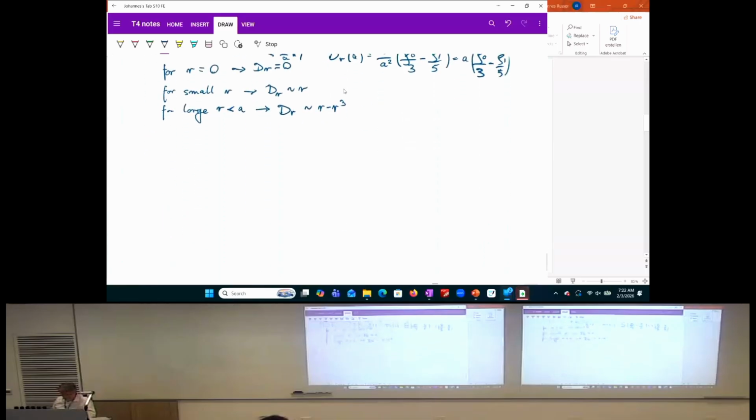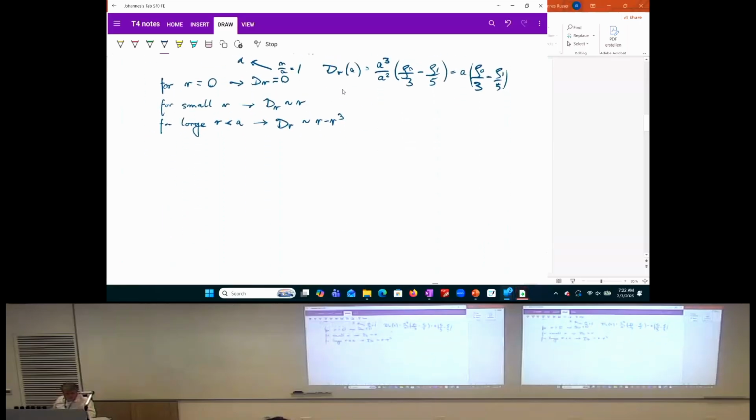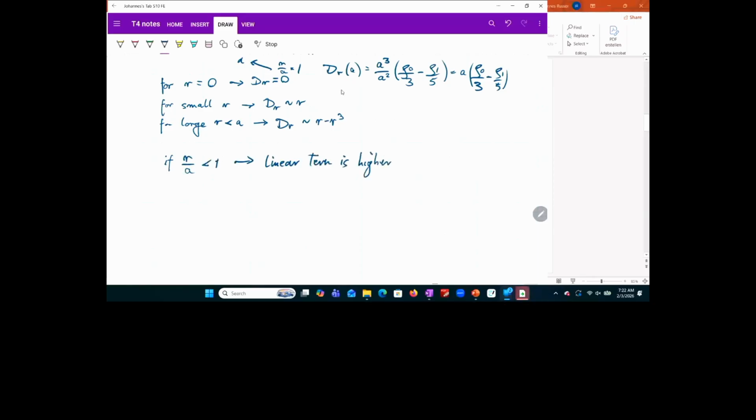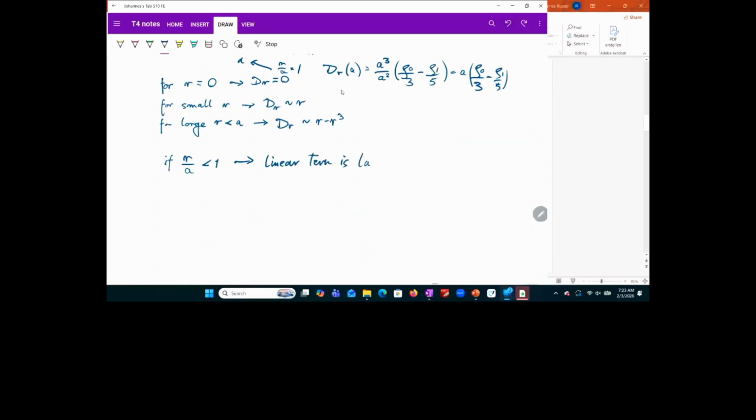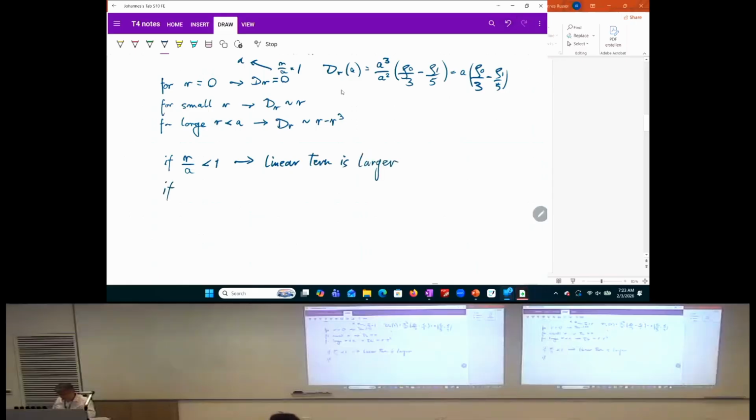So you can qualitatively use that to sketch the graph. While if R over A is larger than 1, then the cubic term will be dominant.